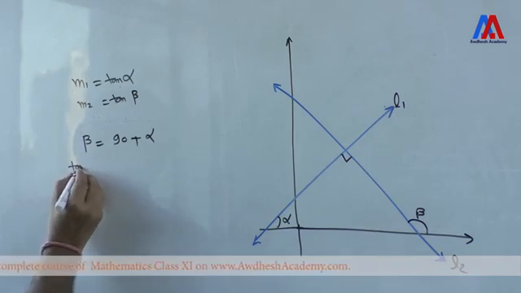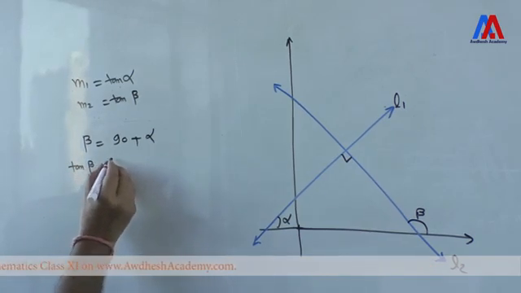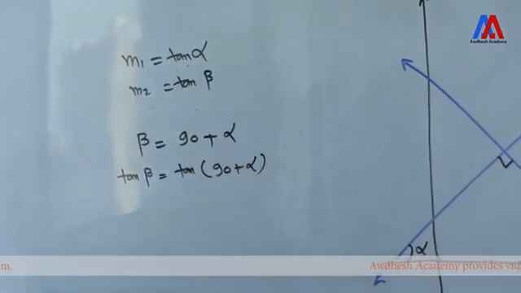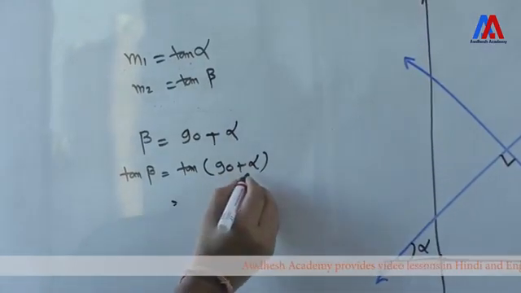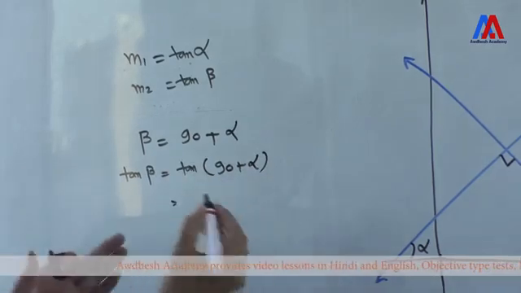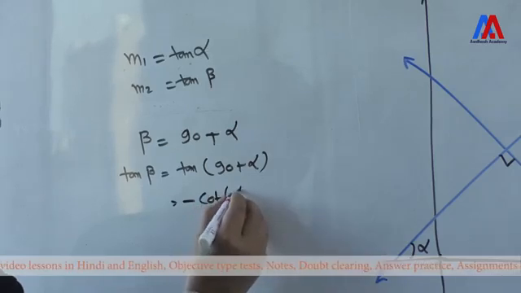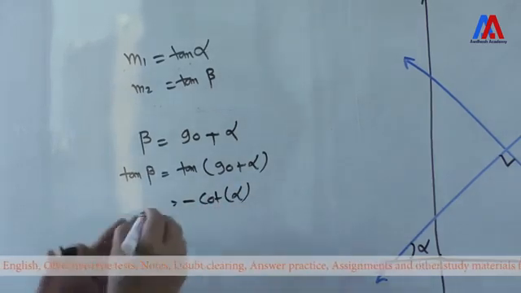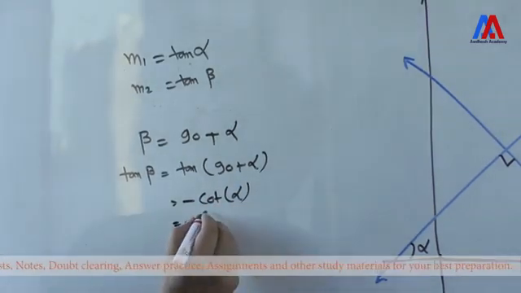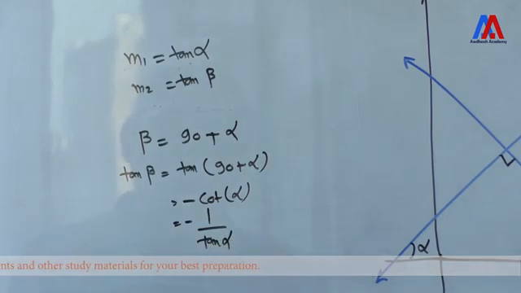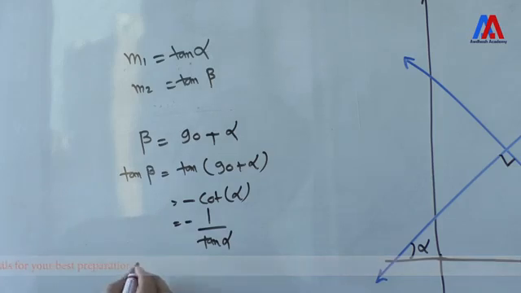So we can write tan beta is equal to tan (90 plus alpha). We know tan (90 plus alpha) is nothing but minus cot alpha, which we can also write as minus 1 upon tan alpha. So let us do the cross multiplication.